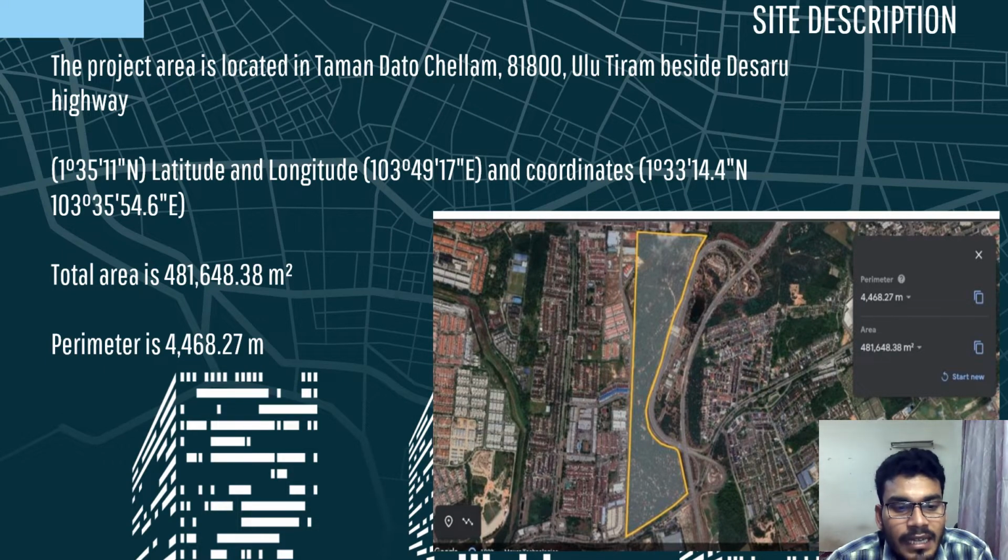The total area is 481,648.38 square meters, and the perimeter is 4,468.27 meters.